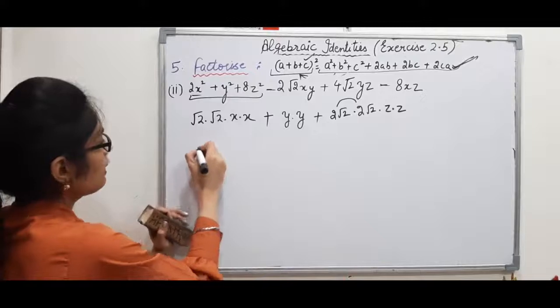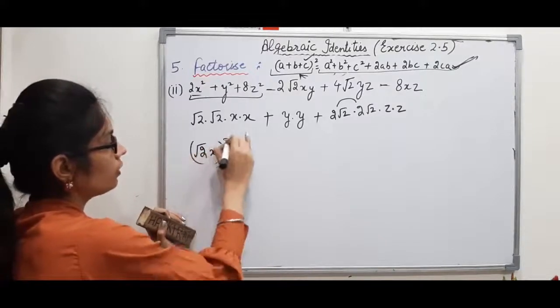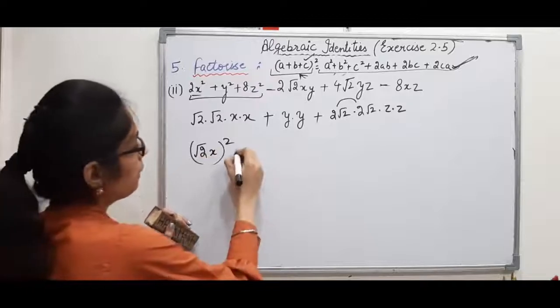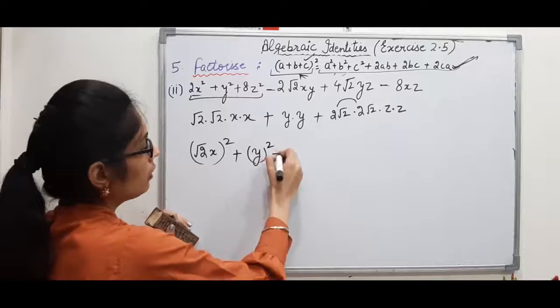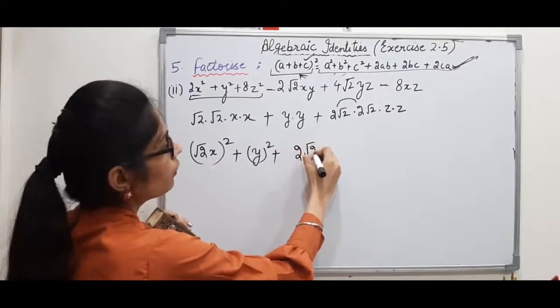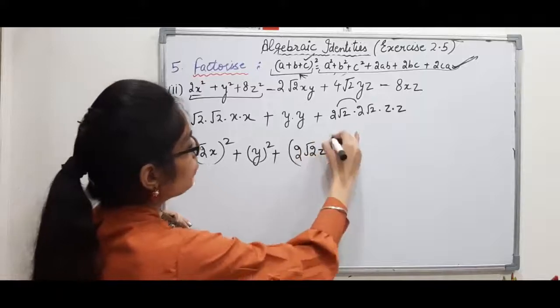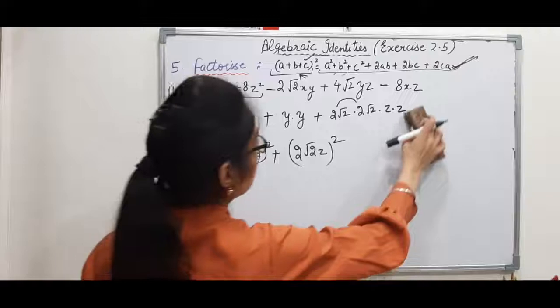So this we can write as root 2x whole square, plus this we can write as y whole square, plus this we can write as 2 root 2z whole square. So we have found the values of a, b and c.